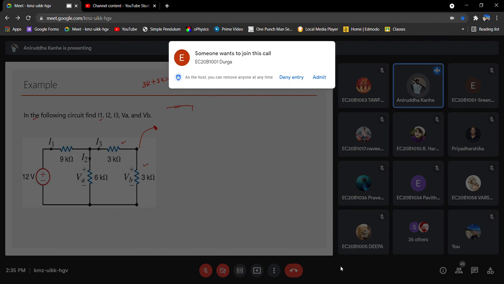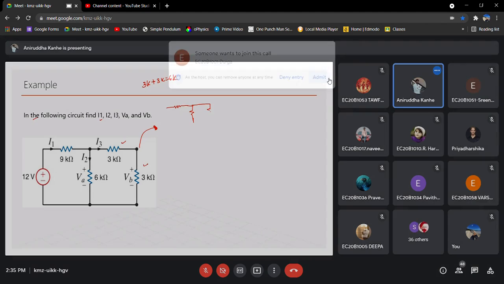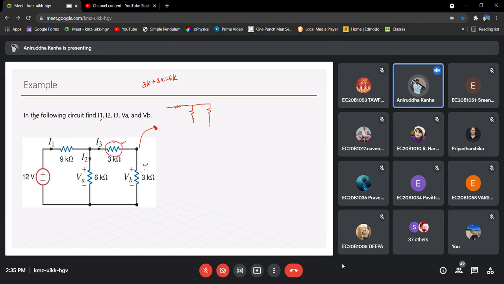So the equivalent circuit can be drawn this way. Since you have merged the 3K and 3K, you can replace them by a single 6K. This is also 6K. Then you have one battery of 12 volts, and that's 9K.